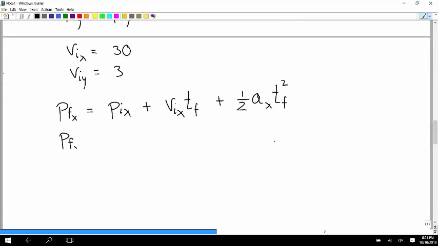So p_f_x is equal to 0 plus 30 times 0.611 plus 1/2 times, what's the x component of acceleration? 0, so this term all goes away.